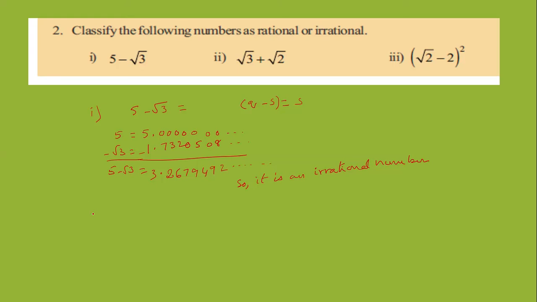In the same manner, you may do the second one: 3 plus root 2. What do you get? Root 3 means 1.7320508 and so on, and root 2 means 1.4142135 and so on.